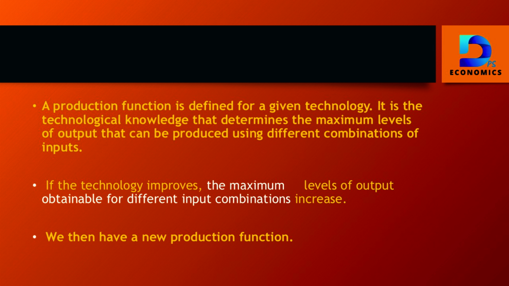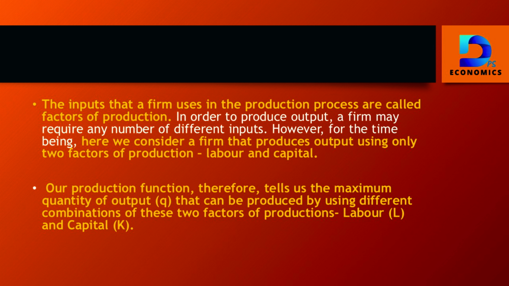The inputs that a firm uses in the production process are called factors of production. In order to produce output, a firm may require any number of different inputs. However, for the time being, here we consider a firm producing output using only two factors of production, labor and capital.